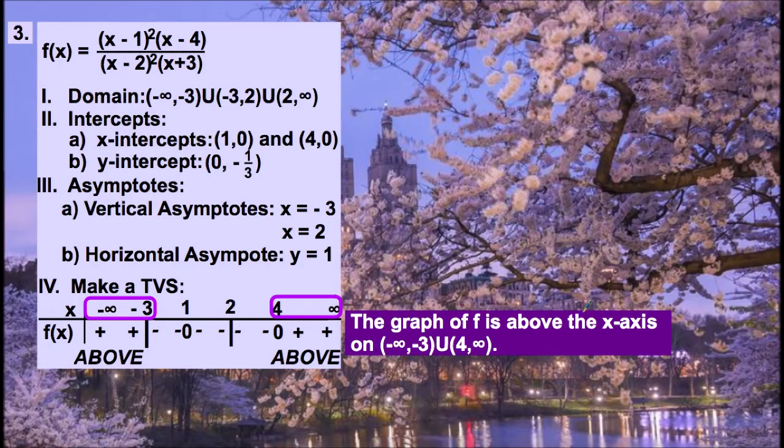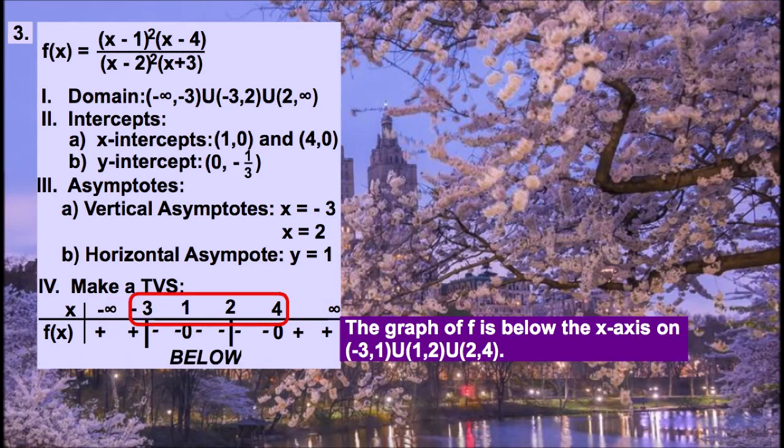The graph of f is above the x-axis on open interval negative infinity negative 3 united with open interval 4 infinity. The graph of f is below the x-axis on open interval negative 3 1 united with open interval 1 2 united with open interval 2 4.